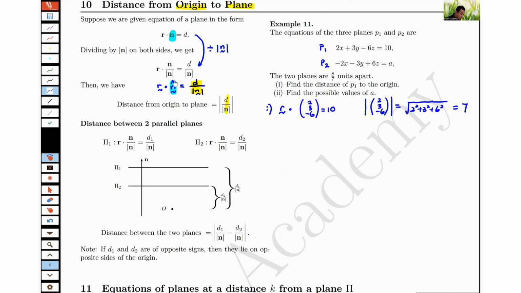So to go for this format with n cap, we will be dividing by 7 on both sides of the equation. So what's the distance to origin? Distance origin to P1 will be, we just read off that value on the right-hand side.